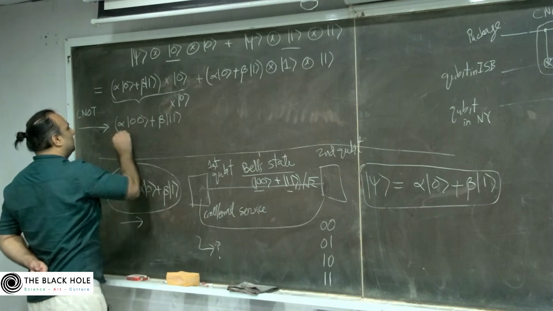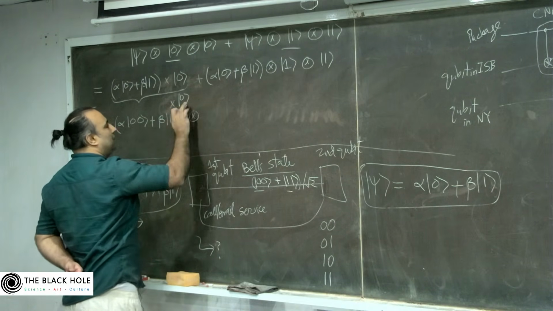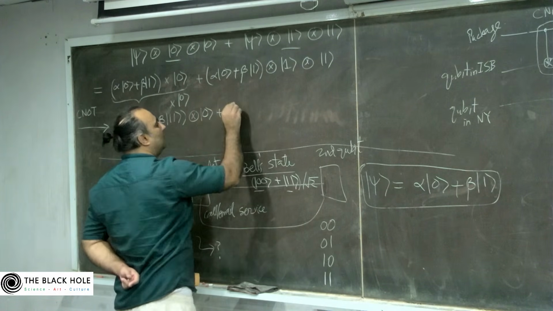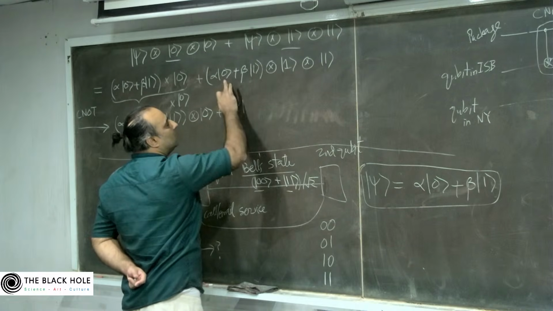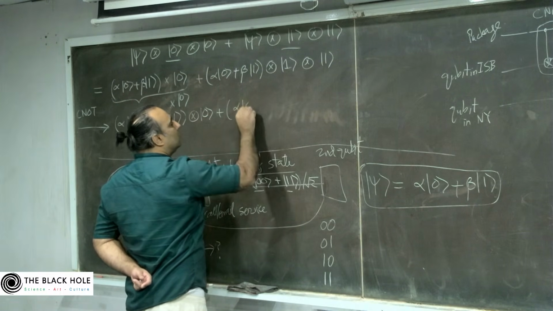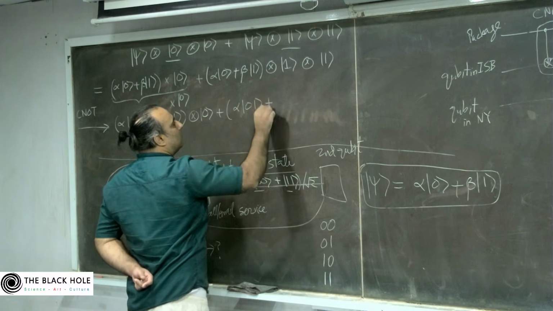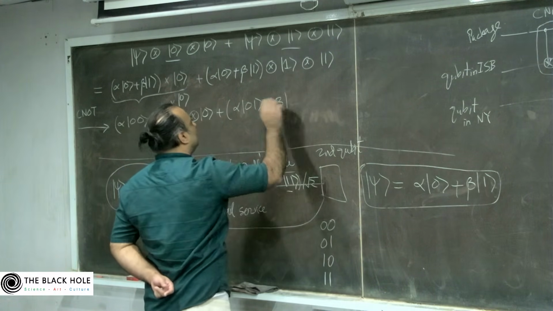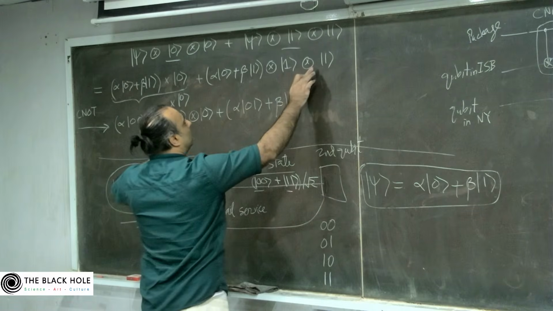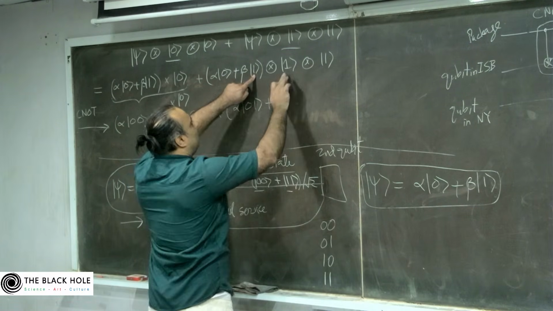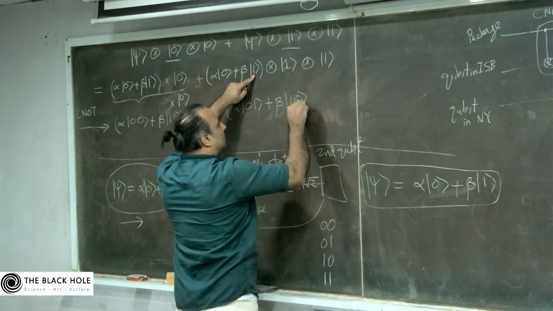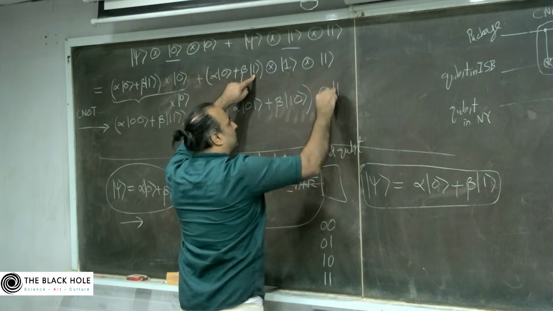from here it's alpha 00 plus beta 11, and then this qubit in New York, plus here it's alpha 01 plus beta, and 1 flips so it becomes 10, and then this qubit in New York.